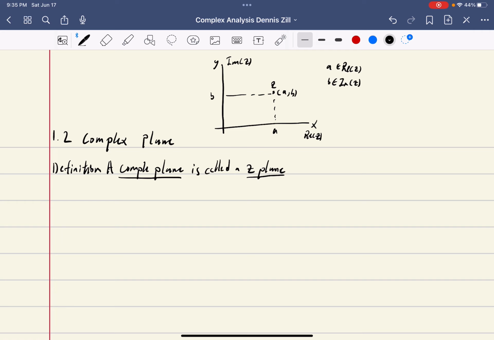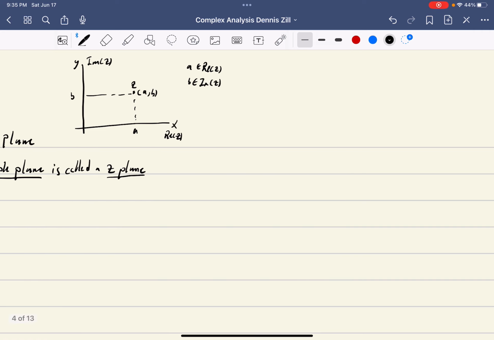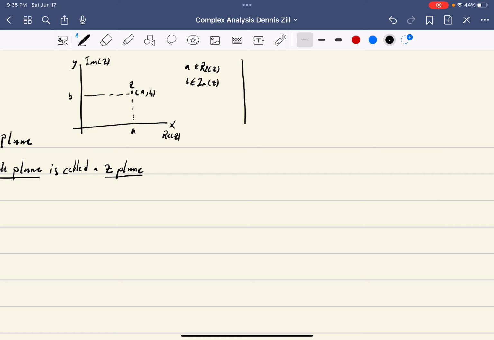Or really, you can write it as perhaps like this: y and x, right? You have the point (x, y). That is z, such that z is equal to x plus iy, or perhaps x plus yi. That's more formal, right?